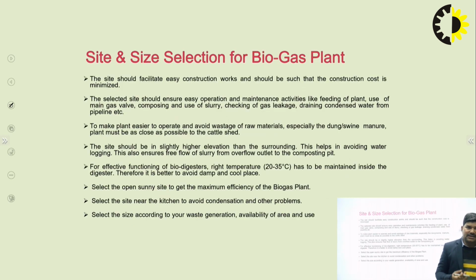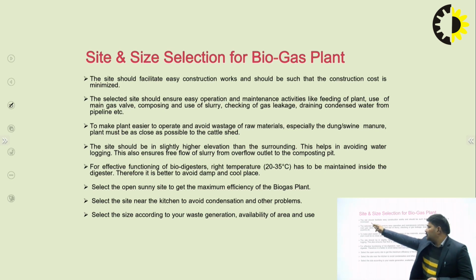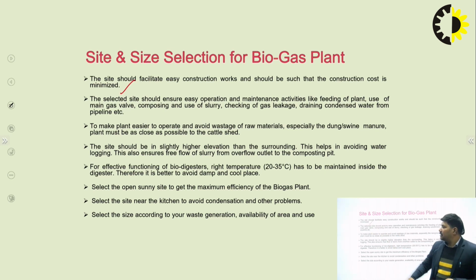And site selection is very important. For the development of any power plant, site selection is very important. The site should facilitate easy construction work, and the construction cost should be minimized. The main thing is to minimize the construction cost.